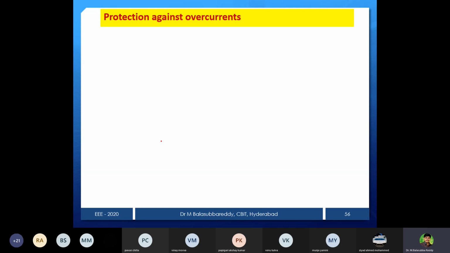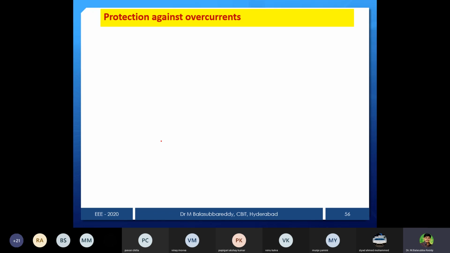Now we can move on to protection against overcurrent. I mentioned two protections: one is overcurrent protection, another is overvoltage protection. That is what is left, and then we'll move on to harmonics as well as filters.